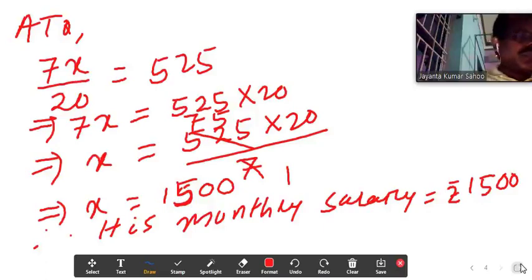Children, next question, you come to example 5, page number 80. The cost of a machine depreciates every year by 10% of the beginning of the year.